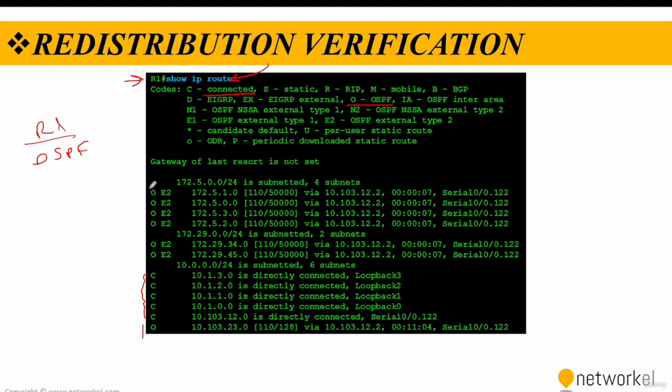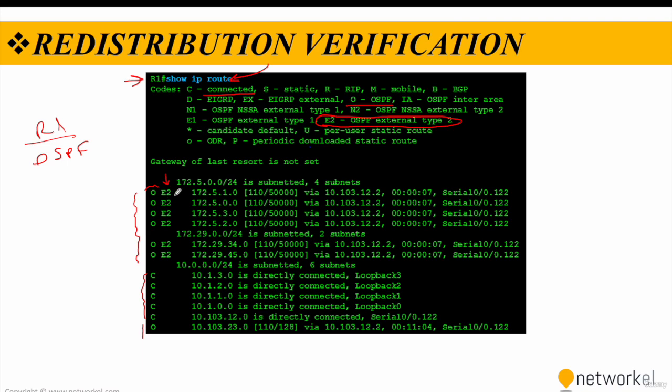And I see something like O followed by E2. What is this? I see multiple O E2 routes here. If I look into the table, let me figure out where E2 is. Yeah, it's here. So E2 is OSPF external type 2.